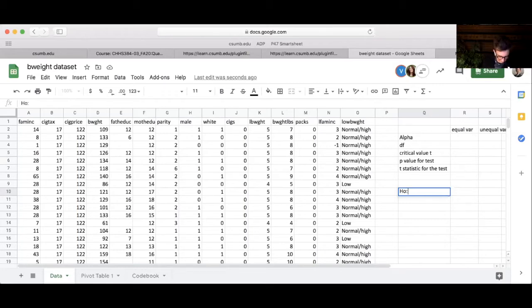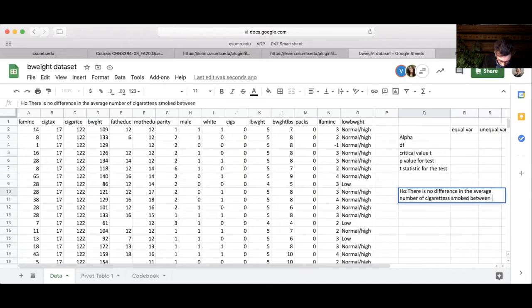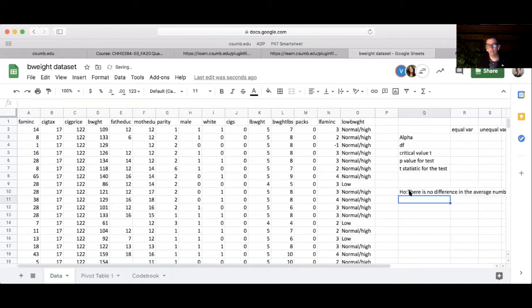And the null is always that there is no difference in the average number of cigarettes smoked between low and normal weight babies. Okay? There's no difference in the average number of cigarettes smoked for the mothers, right? Not the babies.